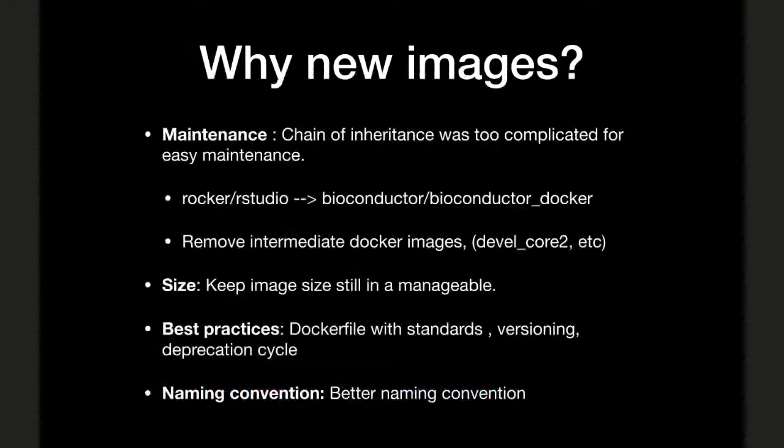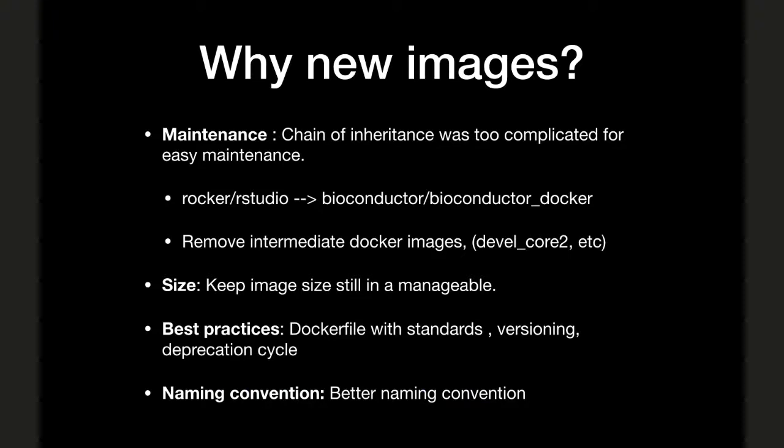So why do we have these new sets of images? There's multiple reasons. I'll just highlight a few of them. First of all is the maintenance, which is what the Bioconductor core team does for them. The chain of inheritance for these images was too complicated for easy maintenance. I want to say it's not impossible to maintain them, but we want to maintain them pretty easily without too much work.